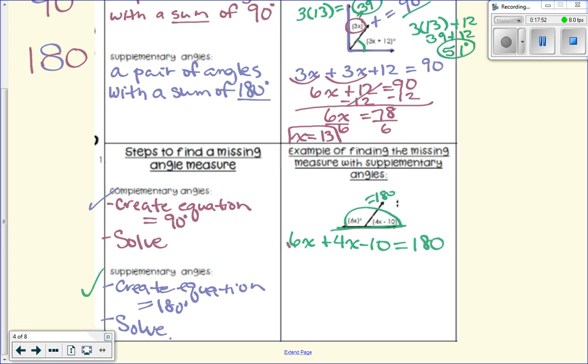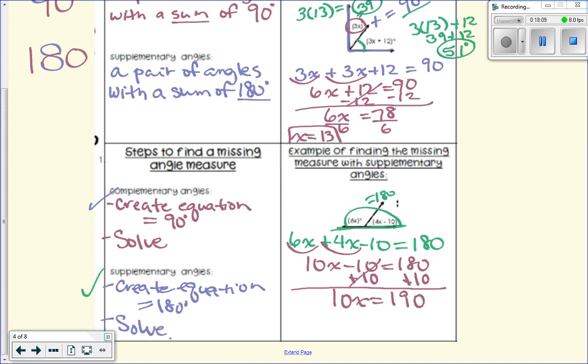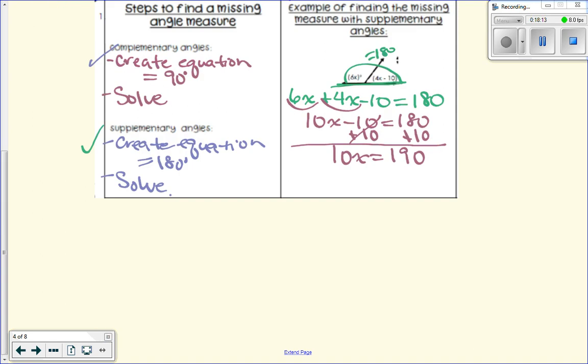Then we combine our like terms, which is 10x minus 10 equals 180. Add 10 to both sides. We're left with 10x equals 190. Good. Then we divide by 10 on both sides. That leaves us with x equals 19.